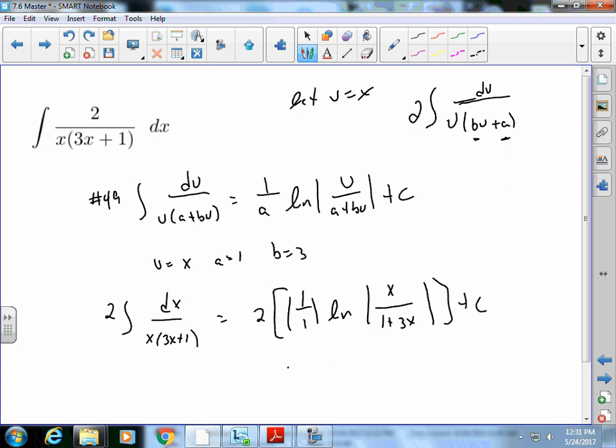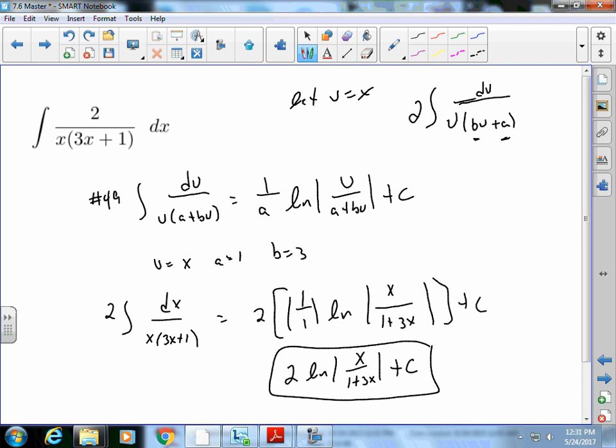So finally, 1 over 1 is 1, so I have 2 natural log of x over 1 plus 3x plus a constant. That's the result of the integration. Again, all we're doing is looking for patterns.